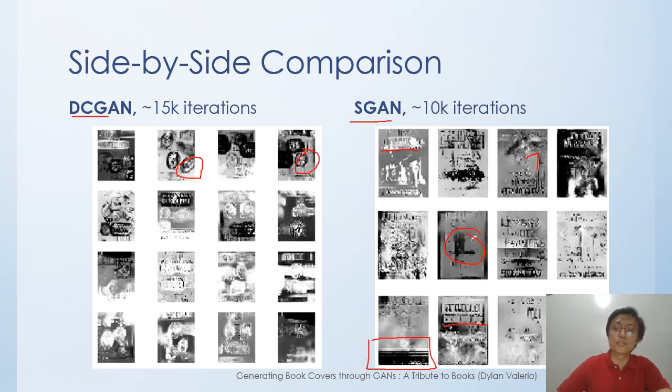You see those books that have a black frame at the bottom. So both, though, have not yet learned the concept of human language. These are just lines, right?